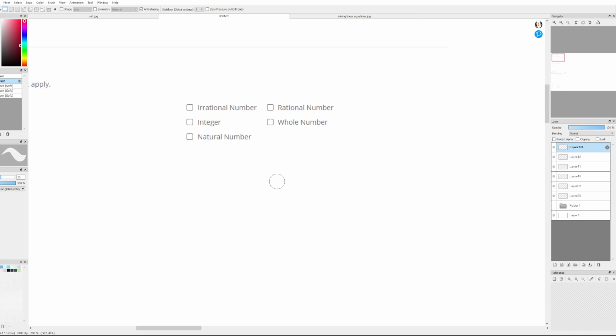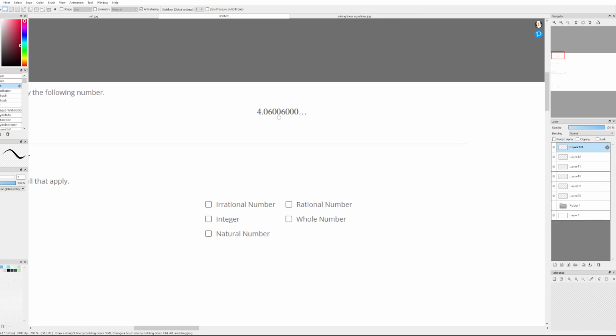So, with that knowledge, let's look at this. We have 4.06006000, and it doesn't really look like it's repeating. It looks like there could be a pattern in some cases, but it doesn't look like there's a real pattern going on here.